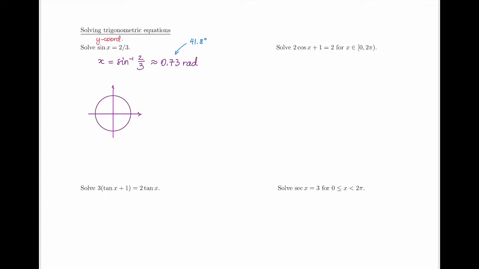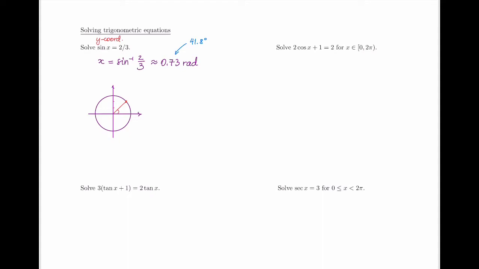And so here I am told that the y coordinate of the point on the unit circle is equal to 2/3. So sketching that approximately on my circle, here's approximately where 2/3 would lie, which of course looks pretty consistent with the fact that the answer was 41.8 degrees. This does look like about the angle of 41 degrees.